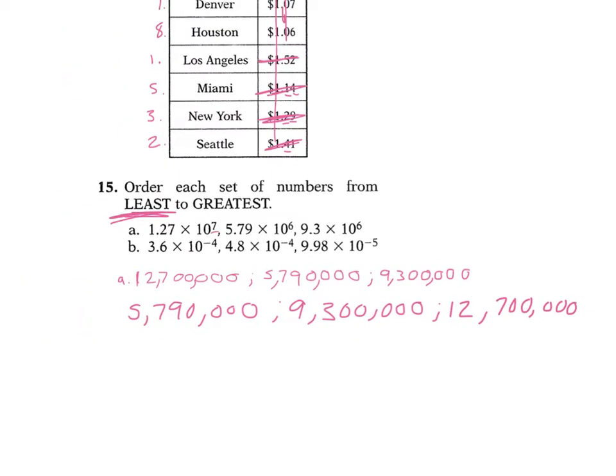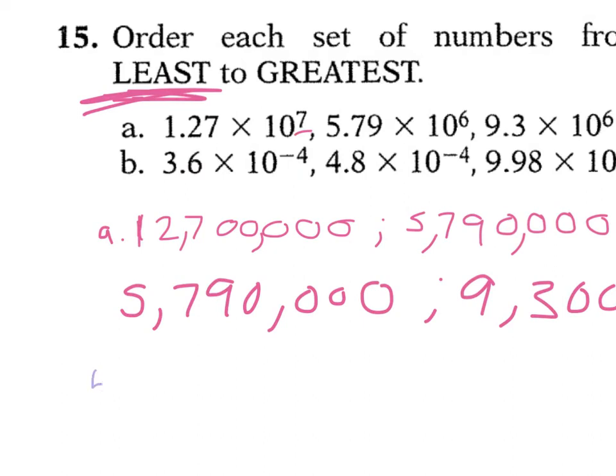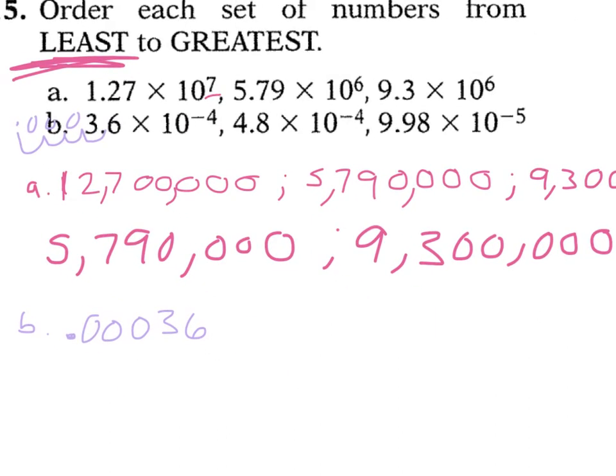Okay, we're going to do the same thing for B. So here we have negative exponents, so we're going to move it to the left. So 1, 2, 3, 4. So we're going to have our decimal, then 3 zeros, 3 and 6.